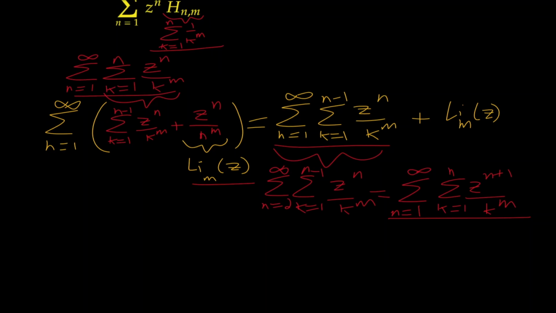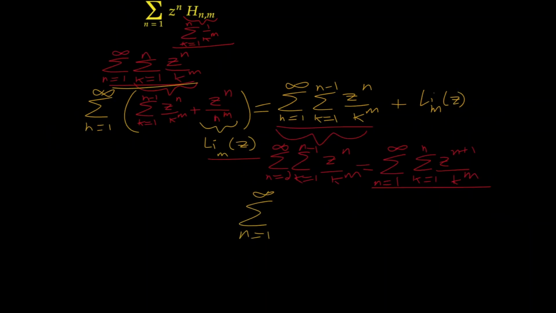So writing the entirety of our results out in terms of this sum right here, we have the sum from n equals 1 to infinity of the sum from k equals 1 all the way up to n of z to the n plus 1, but we can just write this as z to the n over k to the m, then stick the z out front of the sum, and then plus the mth polylogarithm of z.